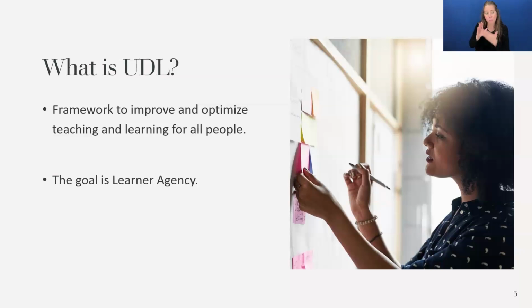Ultimately, the goal of UDL is to develop learner agency. So as students, the ability for them to be able to regulate and act upon and make sense of the content that they're learning individually through interaction and reflection of their own learning.